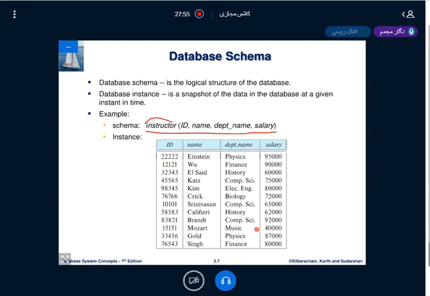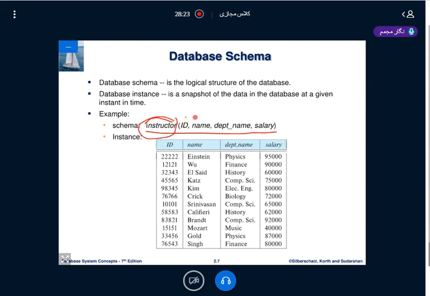Okay, as I said, we show the structure of the database with the database schema. With the database schema, we can understand the number of tables, the number of relations, and for every relation, we can understand the name of the relation.